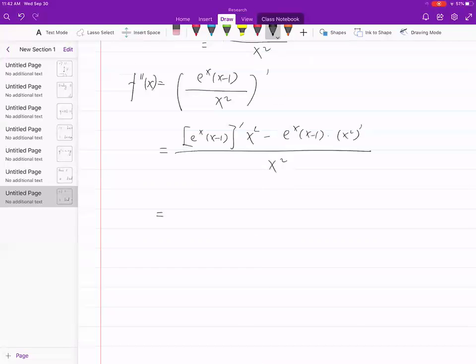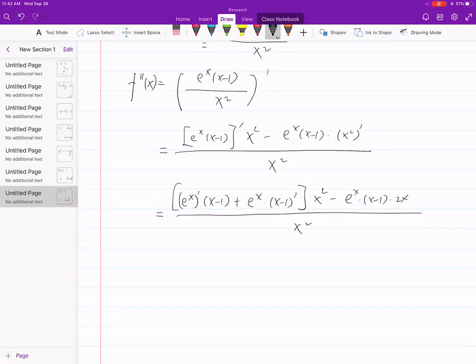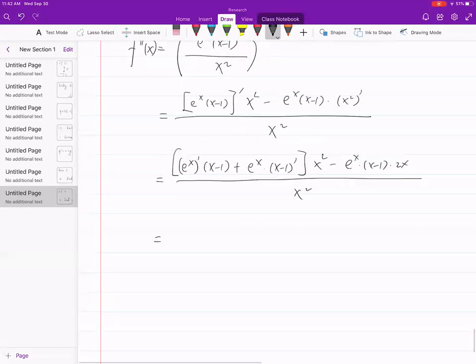Now you just need to realize that to find the derivative of this, you have to do another product rule. The rest will just be simplifying things.